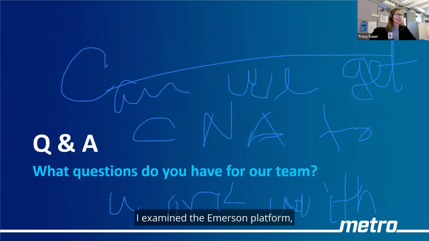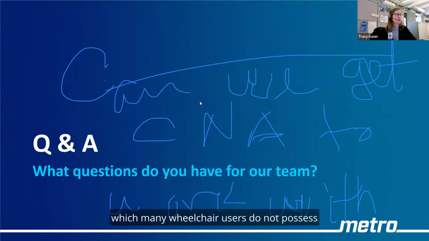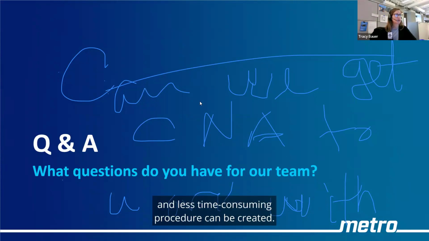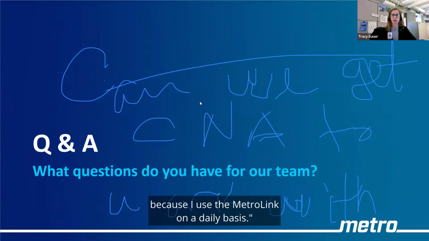I examined the Emerson platform, and it seems now when everything is fully automated, wheelchair users will have to press the call button, many of which are inaccessible or would require a lot of movement and dexterity, which many wheelchair users do not possess, and wait until someone answers to ask them to open the gate. I hope that a more accessible and less time-consuming procedure can be created. This is a great personal concern for me because I use the MetroLink on a daily basis.